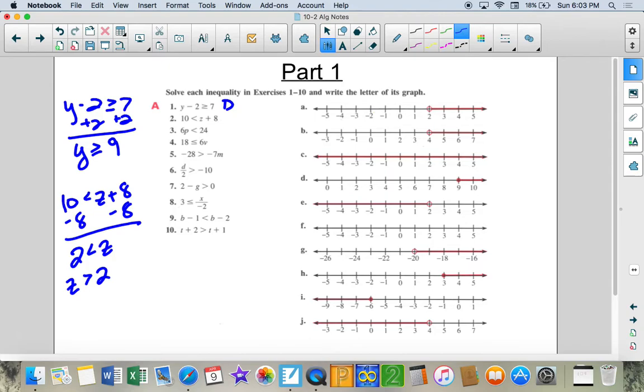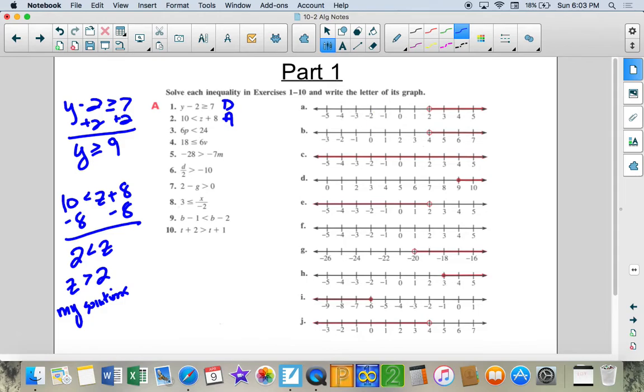So when I rewrite it with z coming first, it's still eating it, and z represents my solution. So I always say that my solutions are greater than 2. So I have an open circle over 2 going to the right, and that would be letter A.